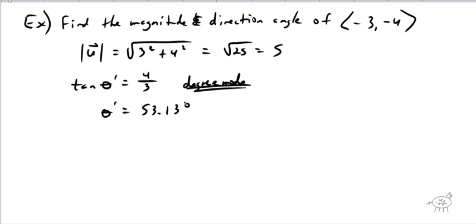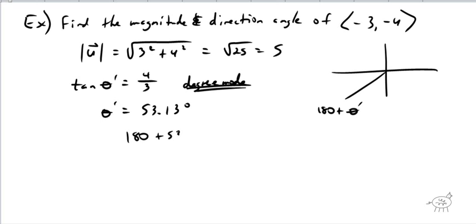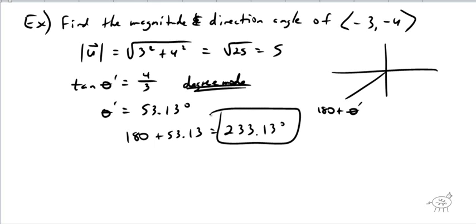That is your reference angle. And where is -3, -4 located? Well, isn't it in this quadrant right here, in the third quadrant? And so what are you going to do? You're going to say, oh, well, that's just 180 plus the reference angle. So 180 plus 53.13 gives us 233.13 degrees, and that is our answer.